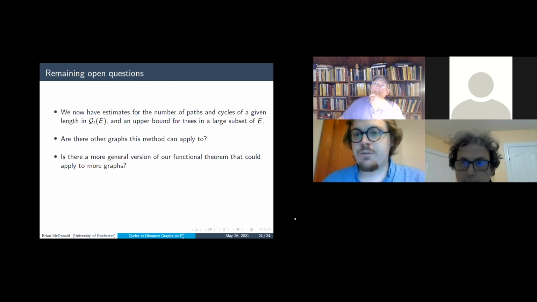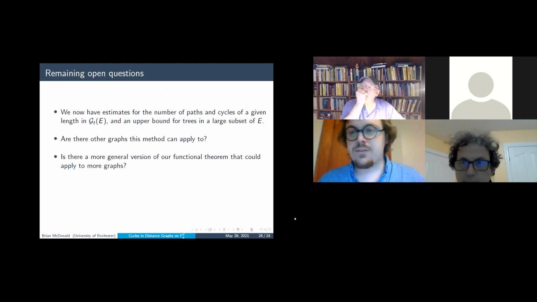Is there another generalization of our theorem that could help with this? What our theorem was doing is essentially allowing you to take two graphs and glue them together by adding two more edges. Maybe there's a better setup or a more general thing that could be done.